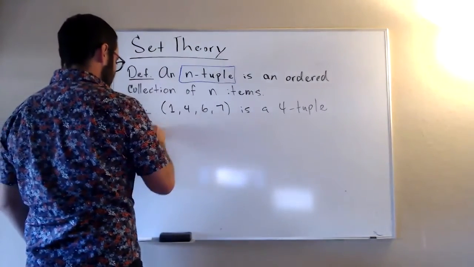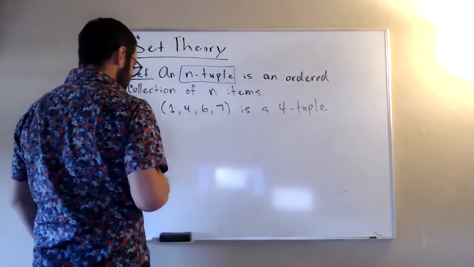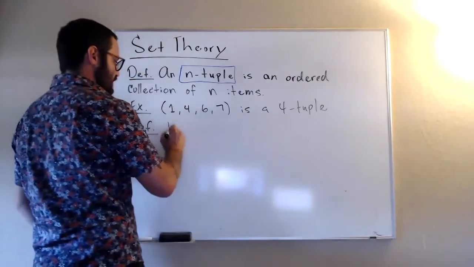So once we have that definition, we can define what's called the Cartesian product of two sets.